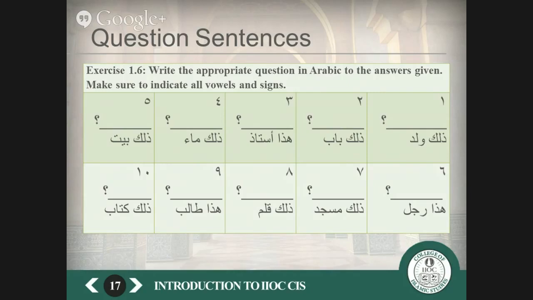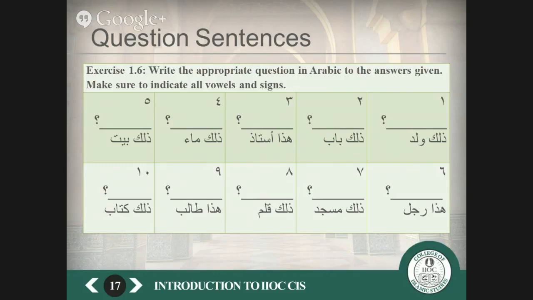Who needs more time? Okay, so what we're going to do is, number 2, the brothers' side are going to ask the question, the sisters are going to answer the question. Okay, so all brothers together, number 2. What is the question for the sisters? Ma dhalika. The sisters answer? Dhalika babun. Good. Now the sisters ask, number 3, the question to the brothers. The question is?